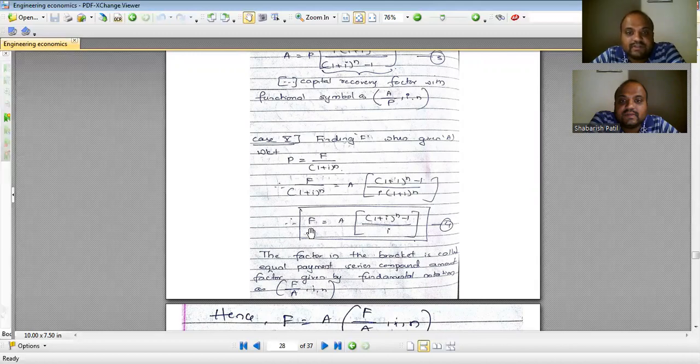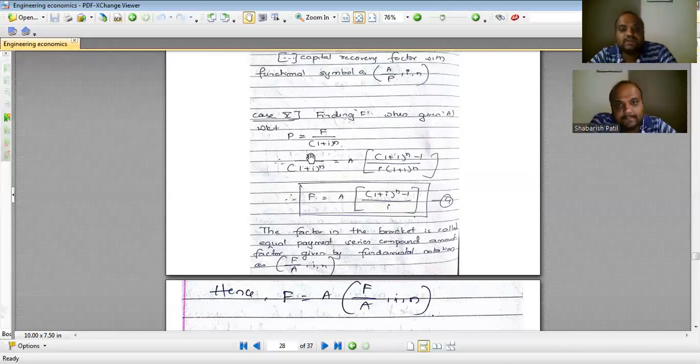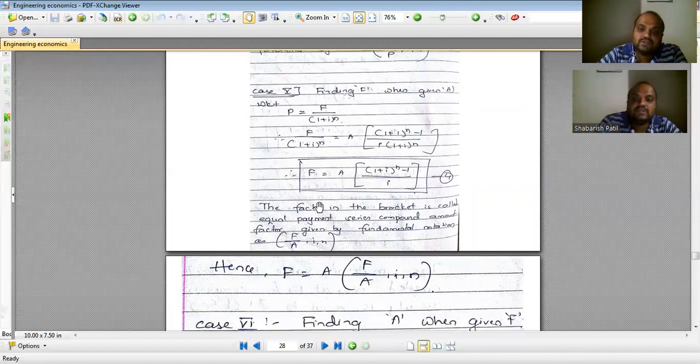If you simplify this for F, you will get this fourth equation: F is equal to A into ((1 plus I) raised to n minus 1) divided by I. So if we know the A value, it's possible to calculate the future worth also. The factor in the bracket is called the equal payment series compounded amount factor, given by the functional notation F by A, comma I, comma n.